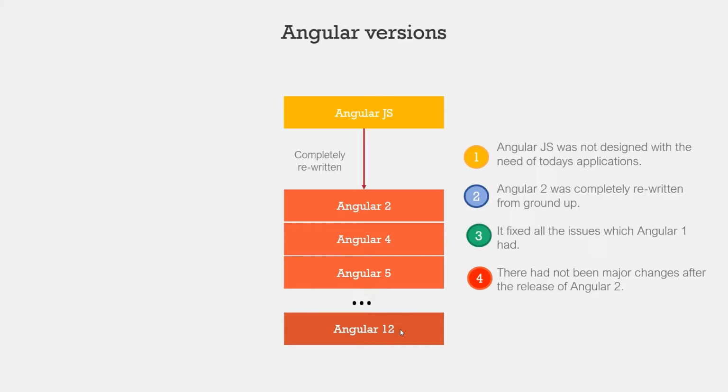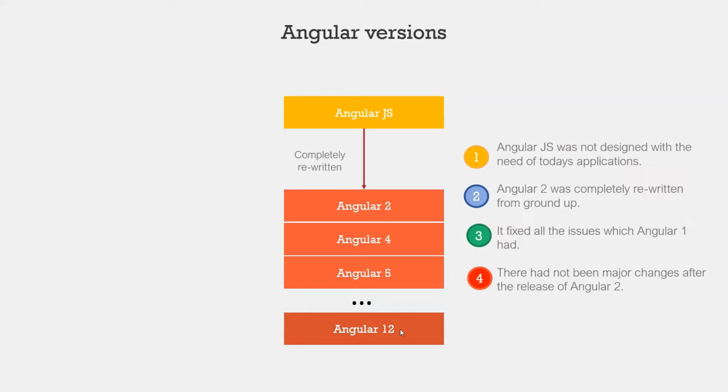Angular 3 was skipped for internal reasons. Since the release of Angular 2, the Angular team simply adheres to a versioning scheme where a new version of Angular is released every 6 months. And those new versions are, however, not a complete rewrite. Instead, they have some minor changes and a few new features. Angular 2 and the later versions are simply referred to as Angular.